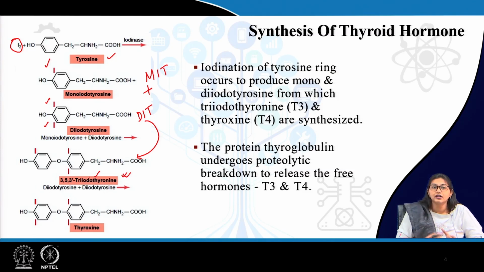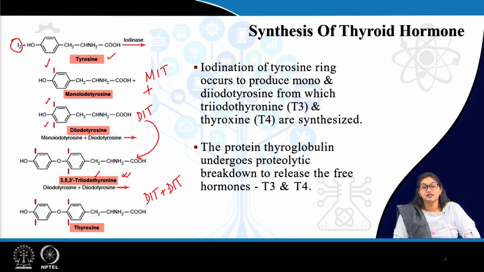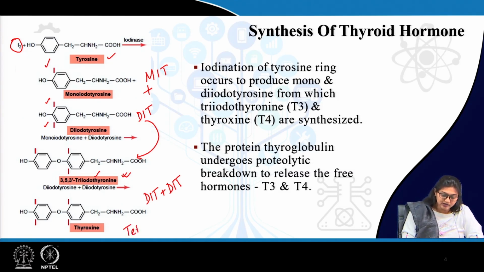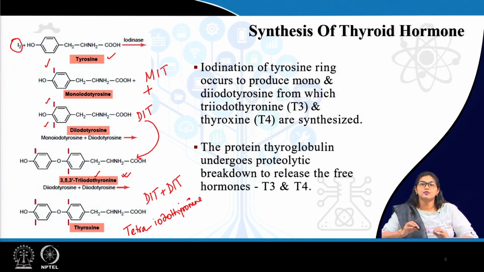So, that forms triiodothyronine. Similarly, if 2 diiodotyrosines react, they form thyroxine, or tetraiodothyronine. So, please concentrate on the name.